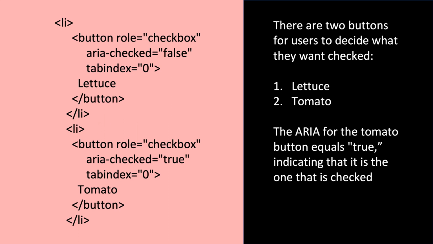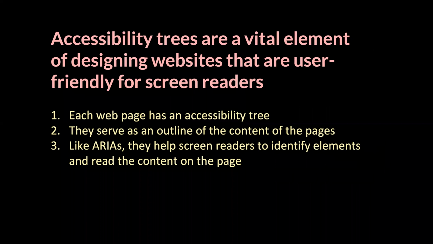With the description on the right, it shows that there are two buttons for users to decide what they want to check, lettuce or tomato. The ARIA for the tomato button equals true, indicating that it is the one that the user has checked. And you can see in the code, it is true. And this indicates to a screen reader that the button is checked.